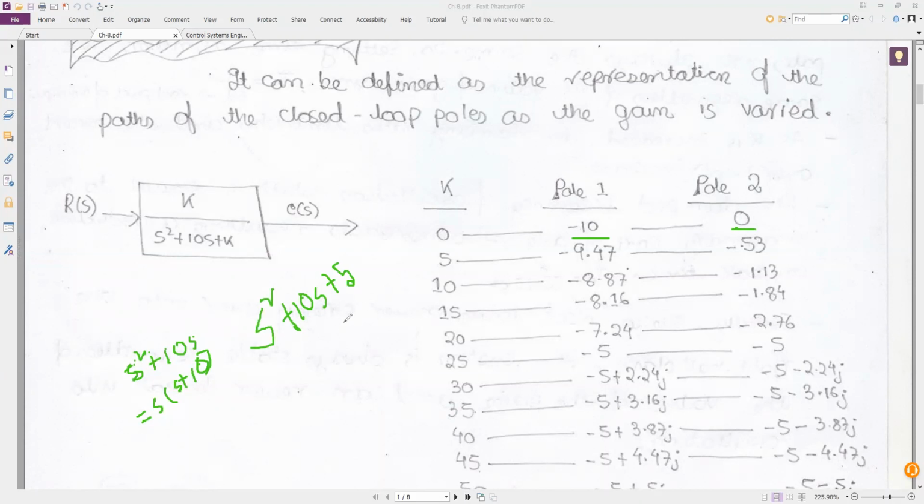Just do the calculation, factor it down, then you get it. So these are the values. That is the way you can find the different poles. So that means K is the gain. If you are changing the values of K, then you are getting different poles here. That is the thing.